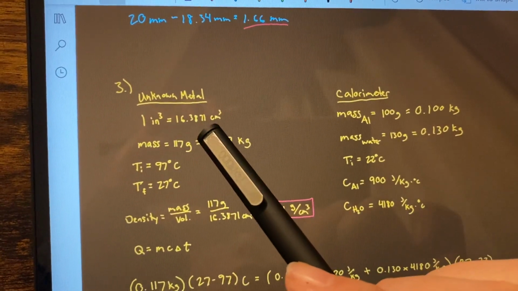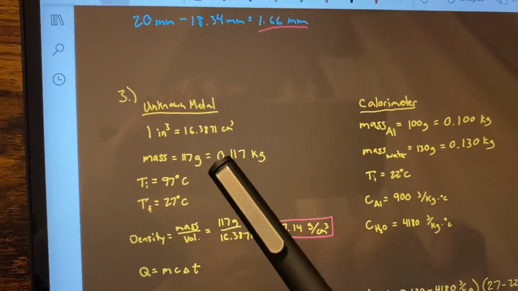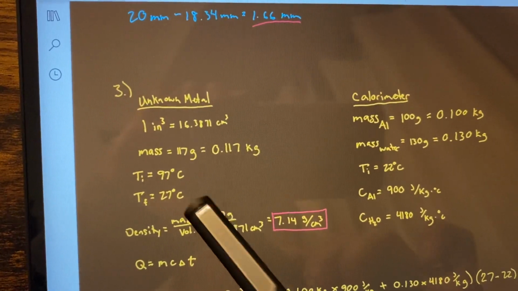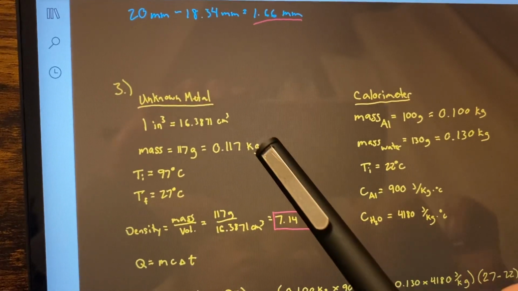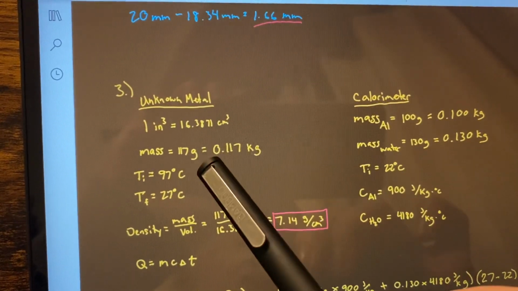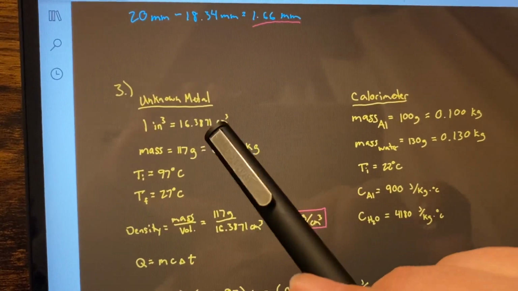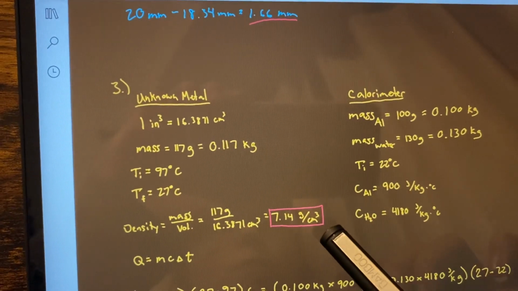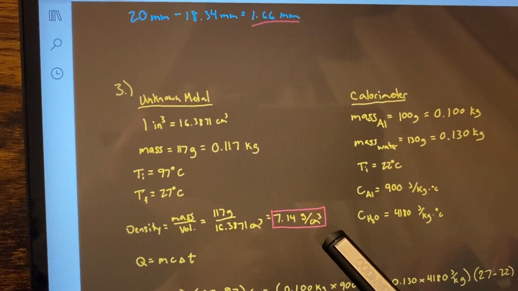We converted it to cubic centimeters. We were given the mass and the initial temperature and the final temperature. Once we convert everything, so I converted it to kilograms for later, but we have the volume and the grams, and so we can find the density, which was 7.14 grams per cubic centimeter.